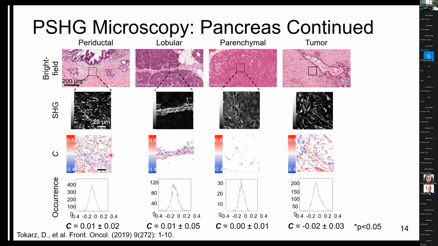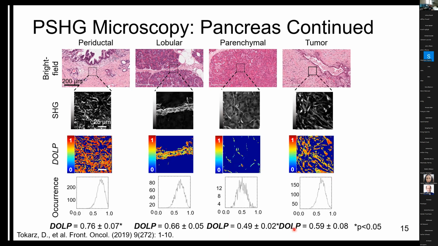You can see from these images that the collagen fibers are clustered into small positive and small negative polarity regions, similarly in the normal tissue as well as in the tumor tissue. And so unsurprisingly, the C values showed no significant difference. But again, this is not surprising because this parameter really depends on the angle at which the tissue was sectioned, which was arbitrary from sample to sample.